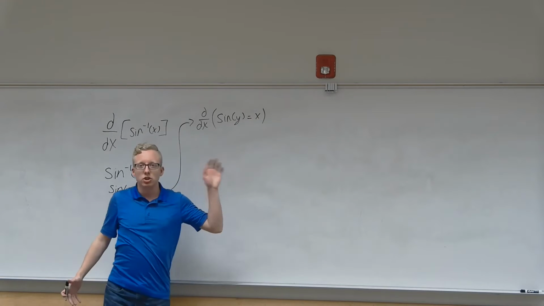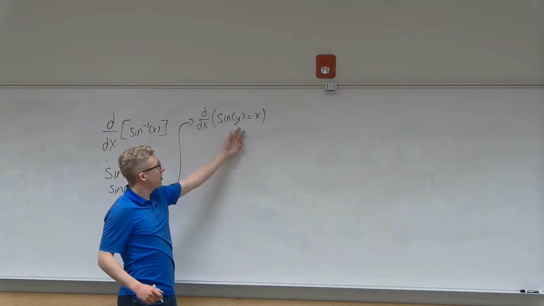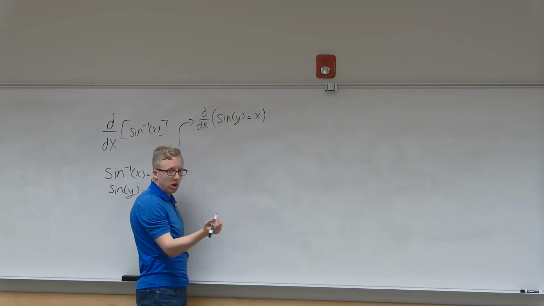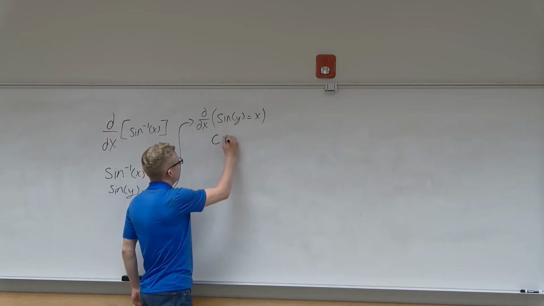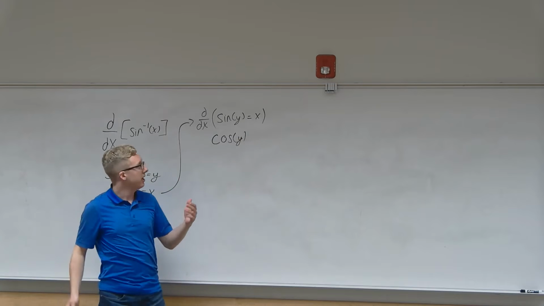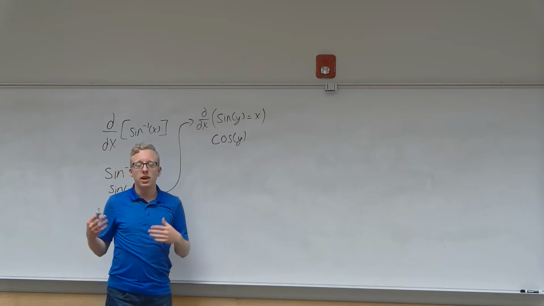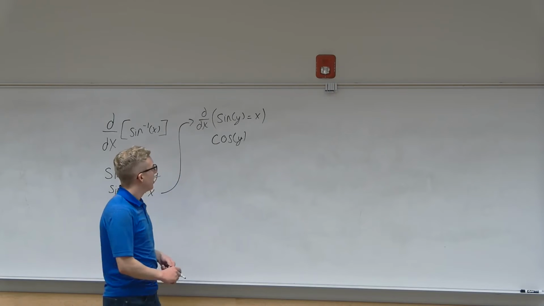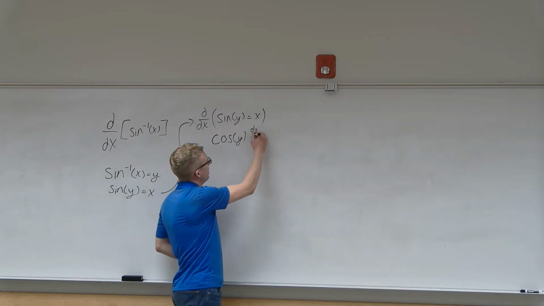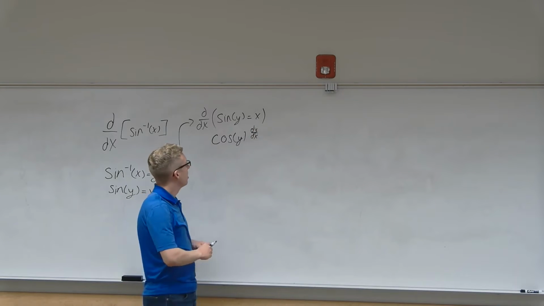So what we're going to do is take the derivative of both sides of the equation, starting with sine of y. The derivative of sine is cosine. So we get cosine y, and because we're taking the derivative of y with respect to x, we're going to need to use implicit differentiation here, meaning that we now need to write our dy/dx, using the chain rule.